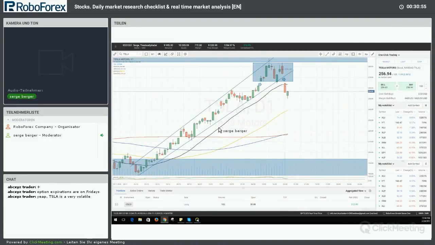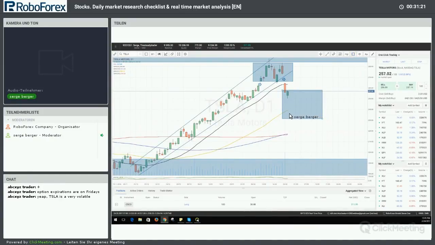We gapped below the 21-day moving average, we gapped below this uptrend, and we put in this island reversal. So the odds here are that Tesla is going to at least stay somewhere around here for a bit, maybe even go down to 230, this kind of move. I think that is very, very reasonable.